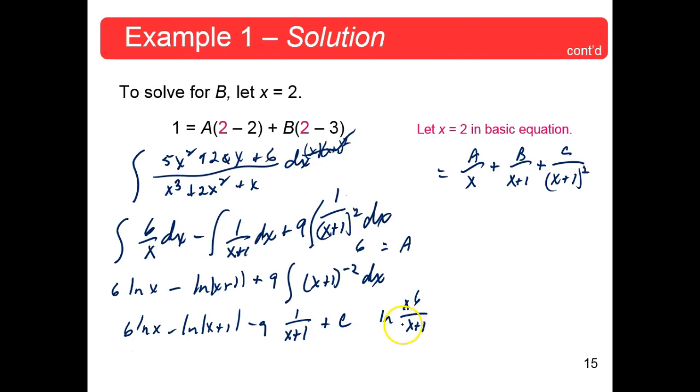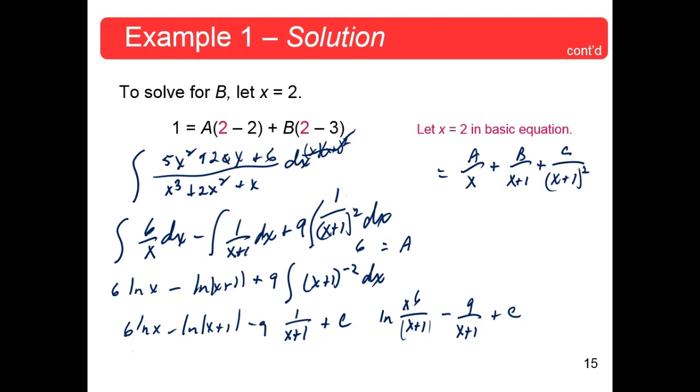Now you might want to leave the absolute values in there. I don't know. With the x to the sixth, that's going to be positive no matter what it is, so we're okay with that. Minus 9 over x plus 1 plus c. Okay? Now, I don't know if they simplified that far, but let's see.